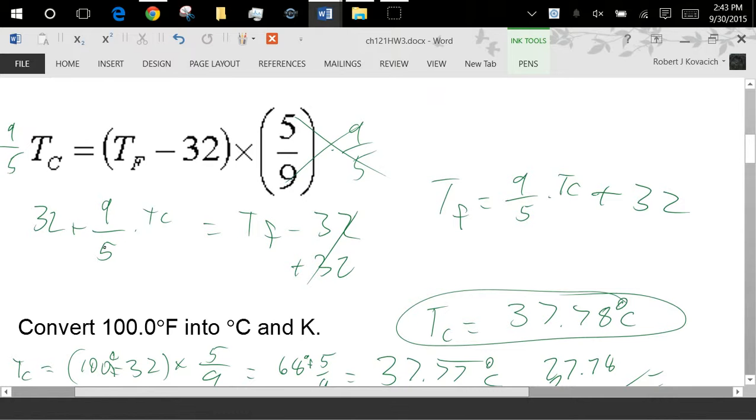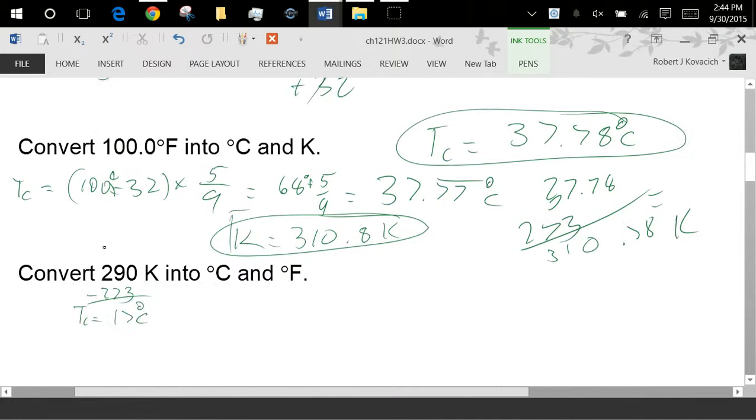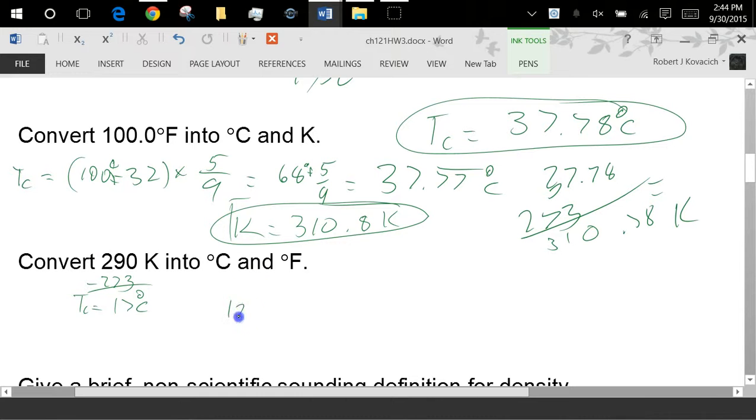Then I'm going to need to do the calculation to turn that Celsius into Fahrenheit. I'm going to use the one that we created in the prior question, the 9/5 TC plus 32. So I'll take 17 degrees Celsius times 9 divided by 5, and then I'll add 32 to this. I get 62.6 degrees, and so that'll work out to 63 degrees Celsius.